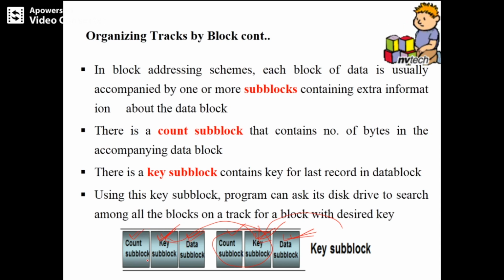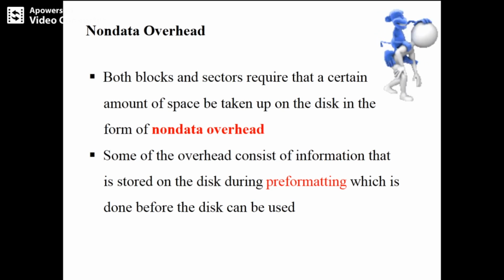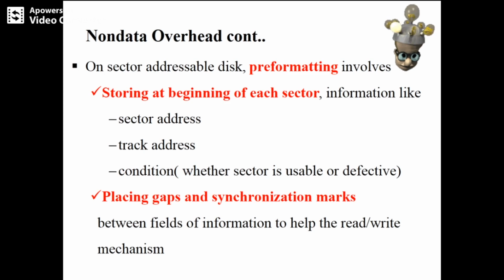So before writing the data, we are including some more non-data into our memory. That is called non-data overhead. This pre-formatting can be because of the sector address or track address, or the condition whether the sector is usable or defective. All these act as non-data.